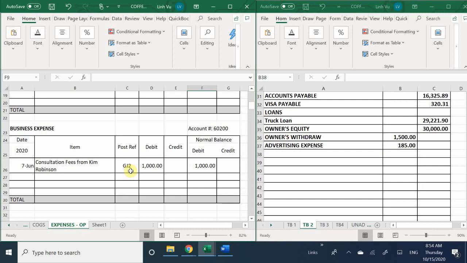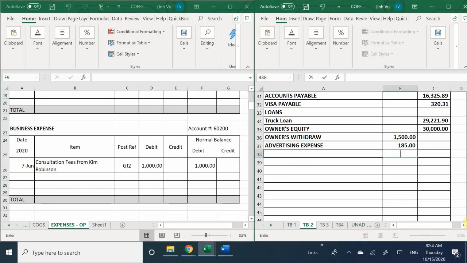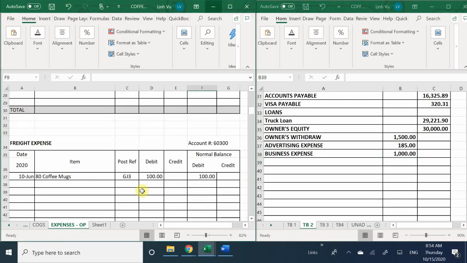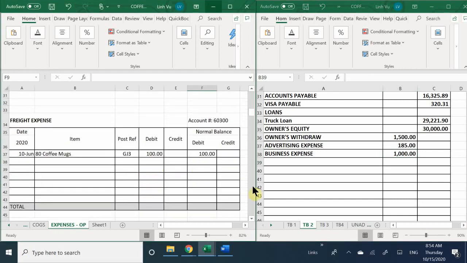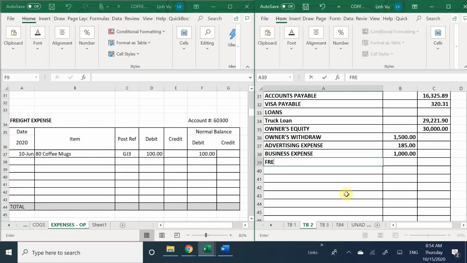All right, after that is going to be business expense. We have only one business expense, and that is for a total of $1,000. Okay. Next one is going to be freight expense. Yes, we did incur some freight expense, and that was for a total of $100.